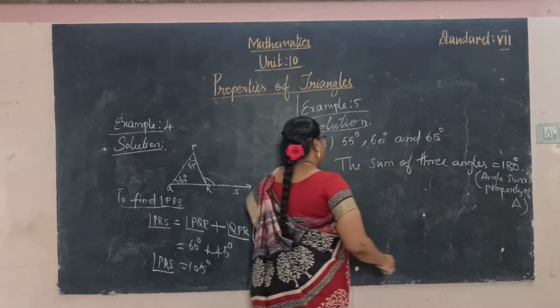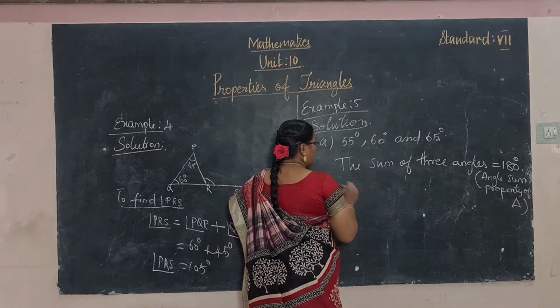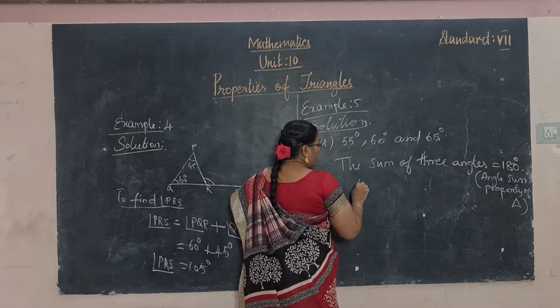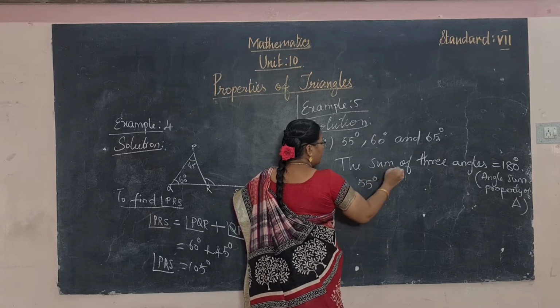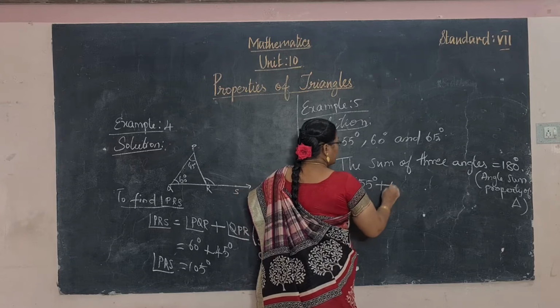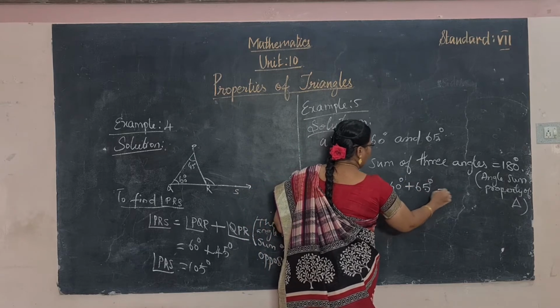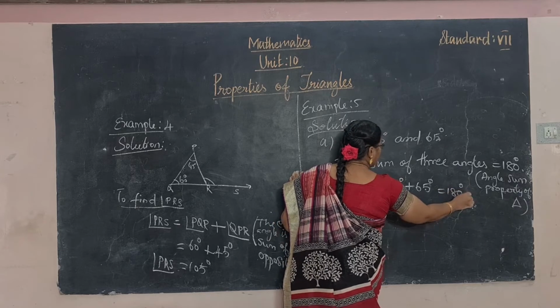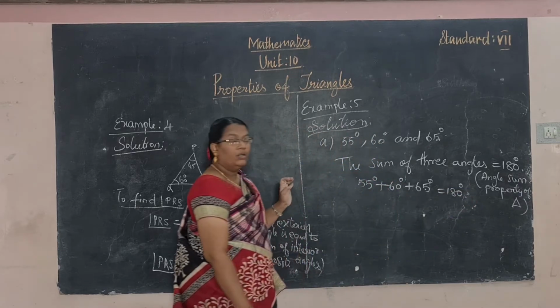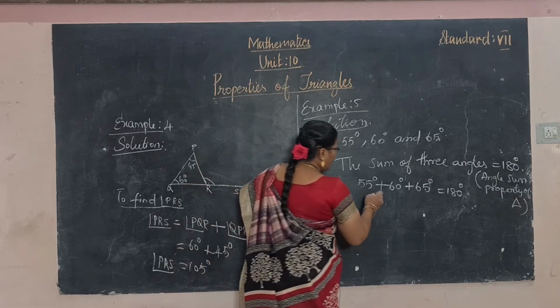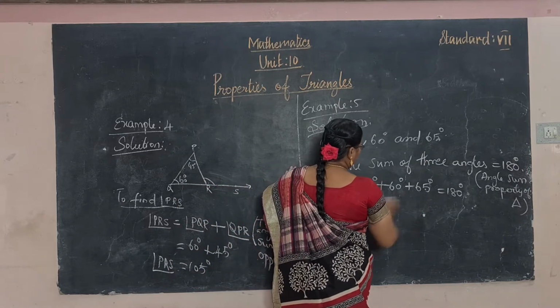So here we have considered these 3 angles. 55 degree, sum means we have to add, 60 degree plus 65 degree equal to 180 degree.